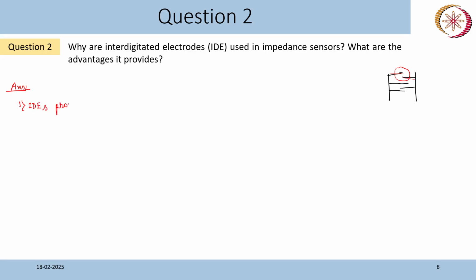IDEs provide a large effective sensing area in a compact design. This is also important because you have multiple comb fingers, multiple metal lines, so the overall structure is very compact.